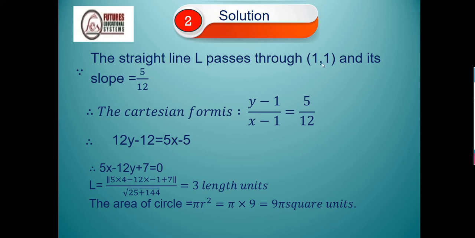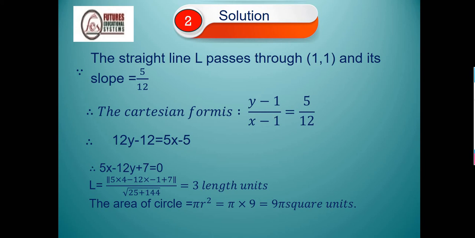The straight line L passes through the point (1, 1) with slope 5 over 12. The Cartesian form is y minus y1 over x minus x1 equals the slope. The point (1, 1): y minus 1 over x minus 1 equals the slope, 5 over 12.